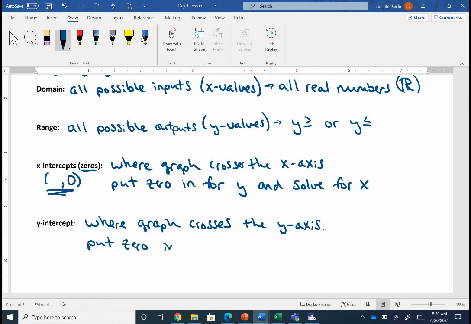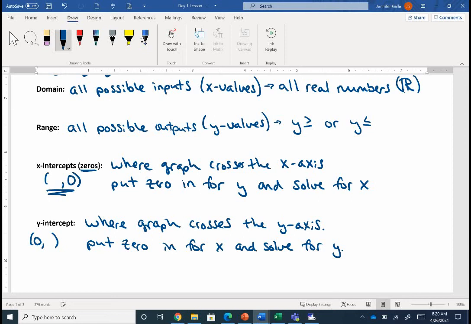Put 0 in for x and solve for y. So for a y-intercept, that x-coordinate will always be 0. So whichever intercept you're trying to find, the other variable is 0.